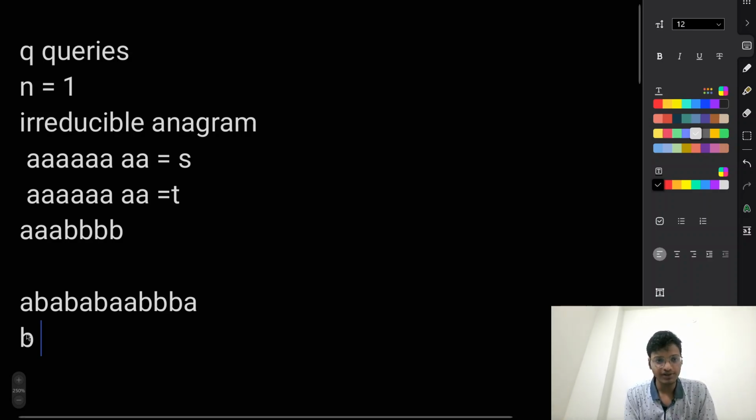We can't put A, as I already told you. So we will put B. Now our B frequency becomes minus 1. Then I cannot put A here, because AB and BA, both the frequency of S and T for the prefix partition are equal. So we can't go with this. So we will put B.